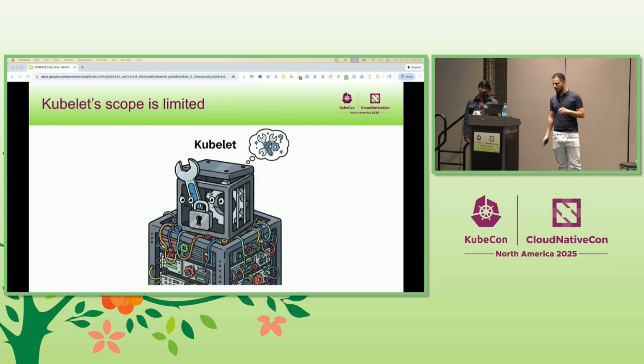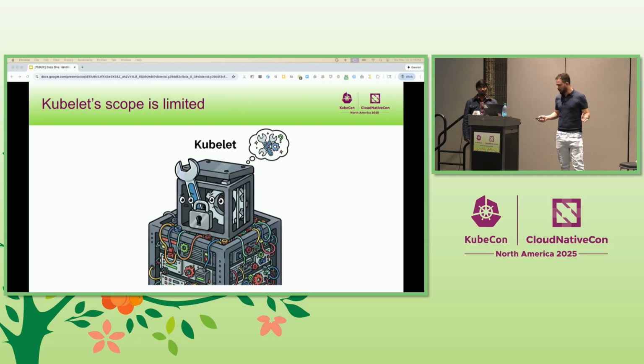One of the challenges with swap is that it requires a lot of configuration and tuning. This is something that kubelet cannot do for you because kubelet runs in a very limited scope. It's a system daemon. It cannot edit OS configuration and certainly not hardware.